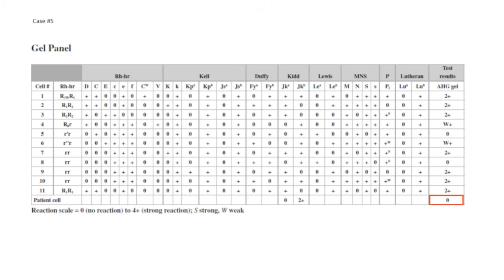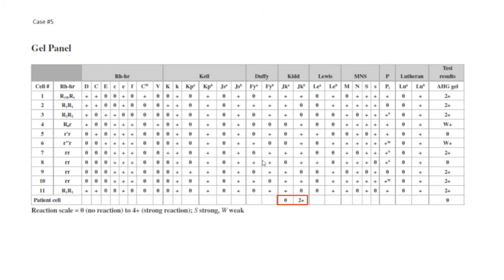Additionally, we're seeing some additional results here. And what is the additional result that we're seeing on this panel? If we follow the Kidd antigens, we see a JKB as a 2+ phenotype, and this shows that this patient probably has a JKA negative.